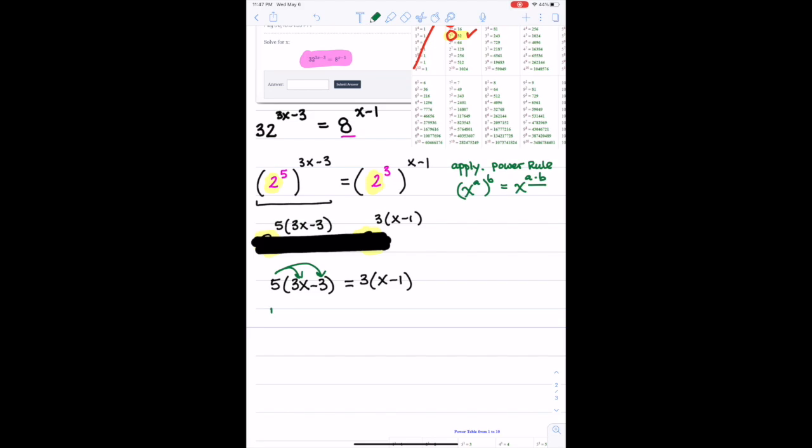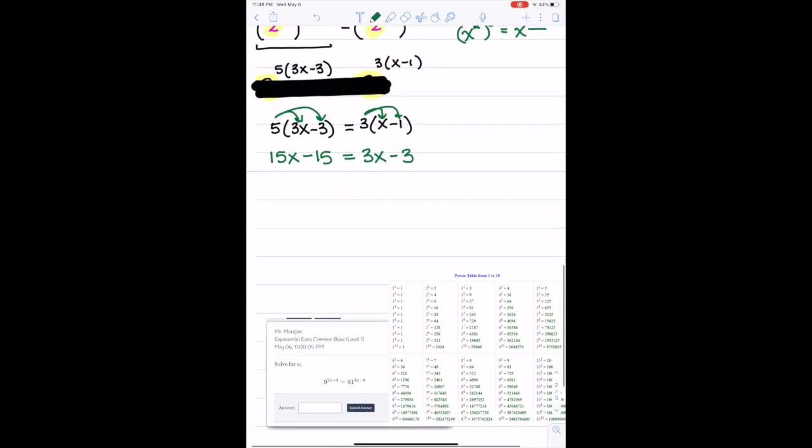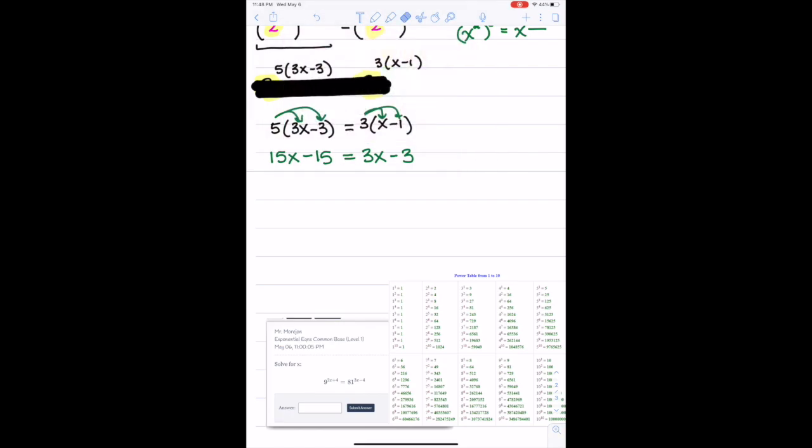That'll be 15x minus 15 is equal to distribute 3x minus 3. All right, and then again, we're pretty much solving this like 8th grade, 9th grade equation solving. So here are my like terms. I see a 15x and a 3x.